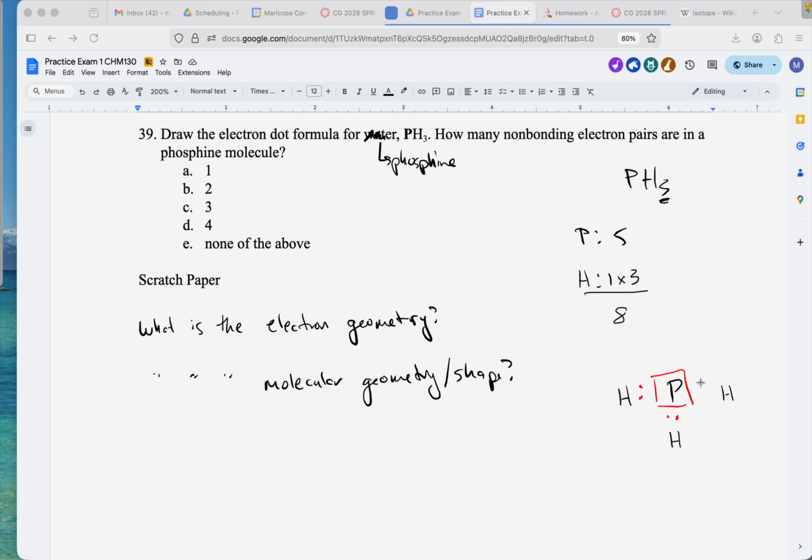Pair. I already forgot. Where was phosphorus? Phosphorus was 5. Okay. I will see people doing this. We got 1, 2, 3, 4, 5 electrons around the phosphorus. Please stop. Okay? If you were lucky enough to be present during the tutoring session, I laid into a tutor for trying to teach it this way. Okay?